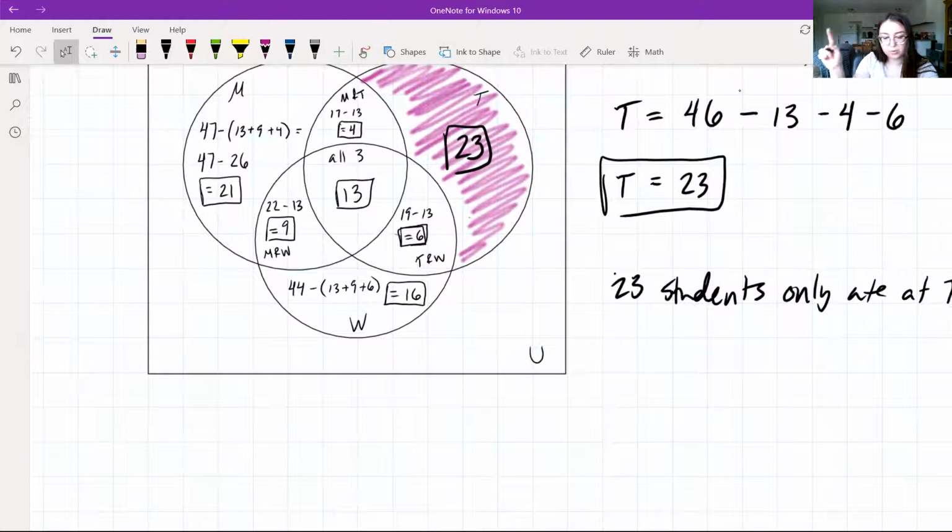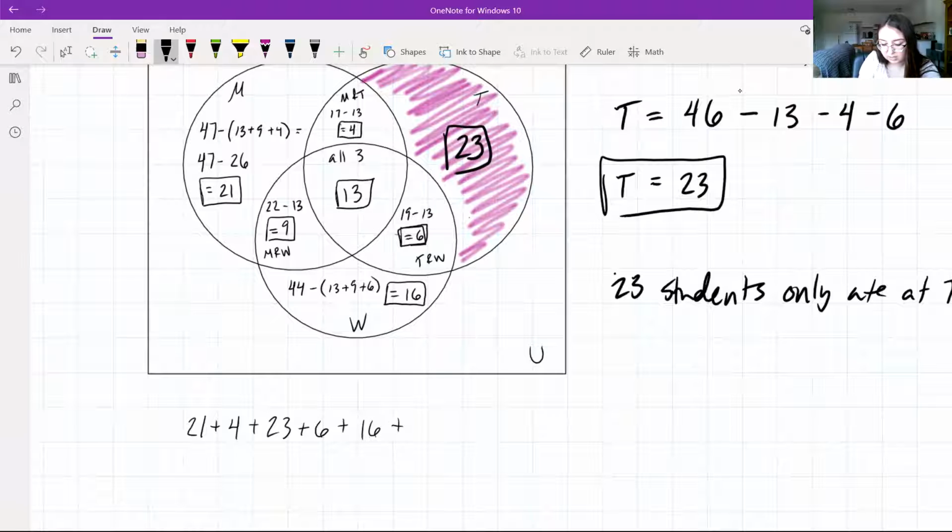and let's just go in a circle here. Starting with McDonald's, we take 21 plus 4 plus 23 plus 6 plus 16 plus 9 plus 13. These are all the values that we've already calculated.